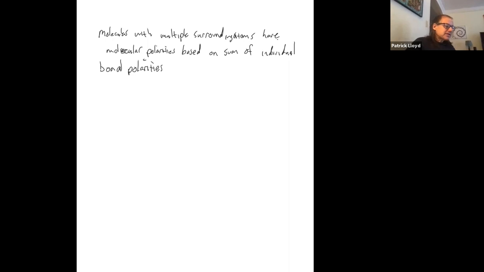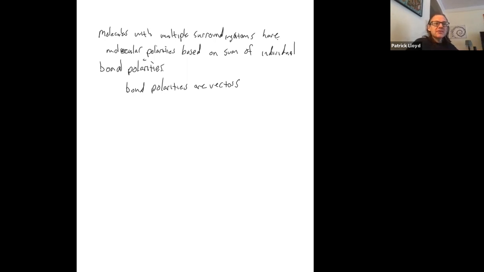Okay, you have to sum up the individual bond polarities, but here's the issue. Bond polarities are vectors. And vectors have a different set of arithmetic rules than simple addition.